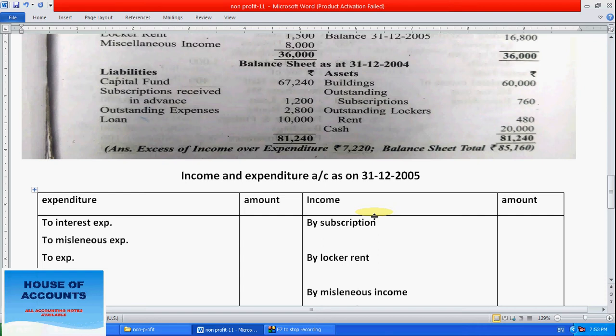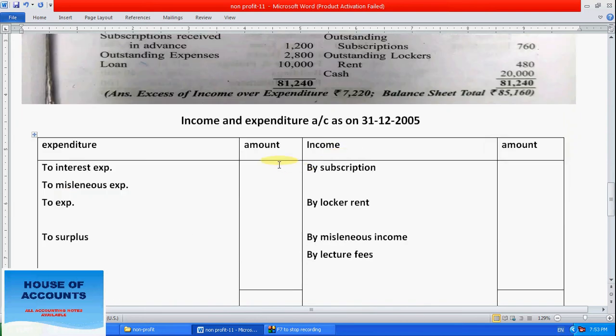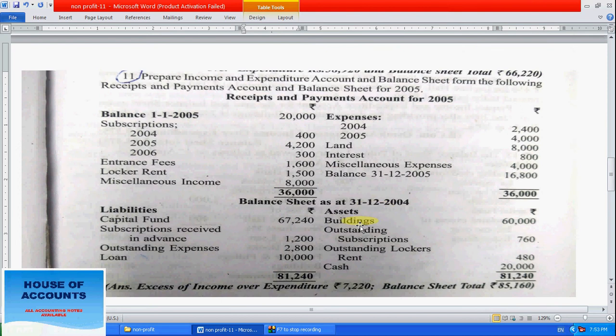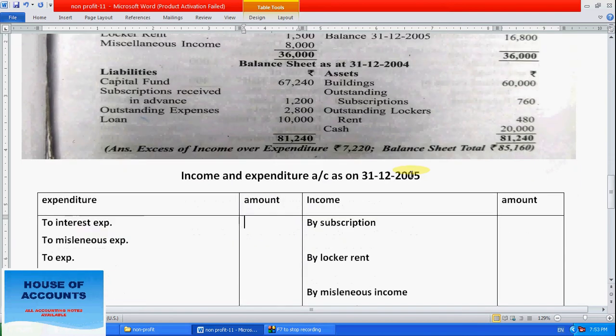Don't take last year's or next year's entries. If any are added, then you can deduct. Expenses for 2005, how much? 4,000. Payment: expense for 2005 is 4,000, interest 8,000. So right here expenses are 4,000.